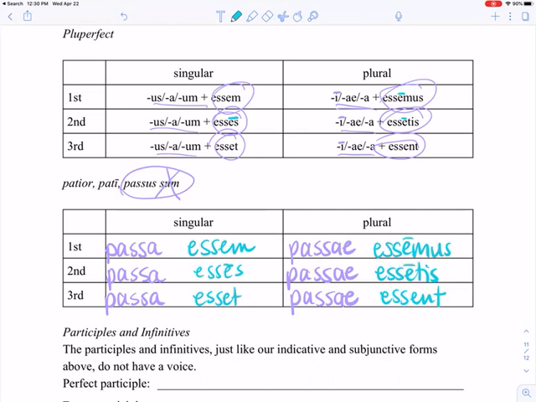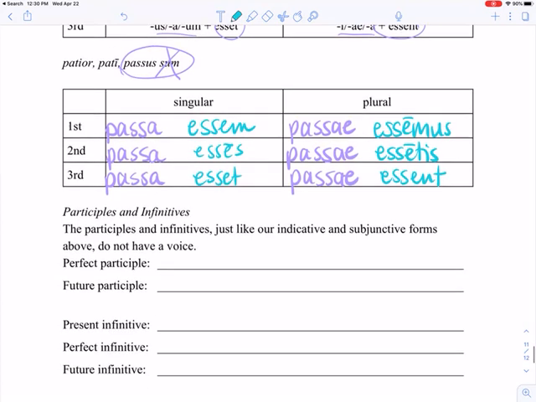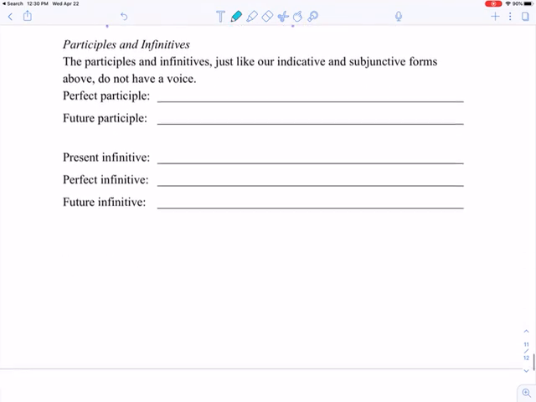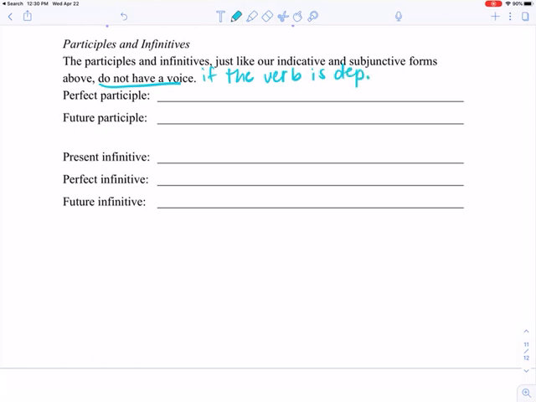Okay. Now, we do need to move into, real quickly, participles and infinitives. So participles and infinitives, just like our indicative and subjunctive forms, don't have a voice if the verb is deponent. Okay.